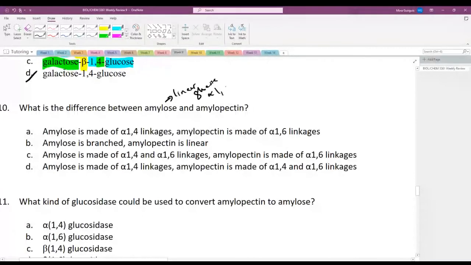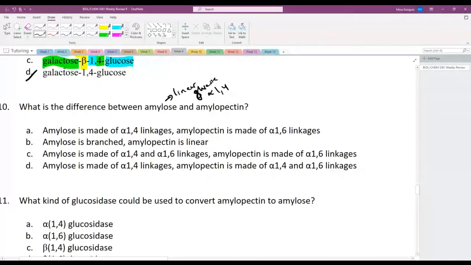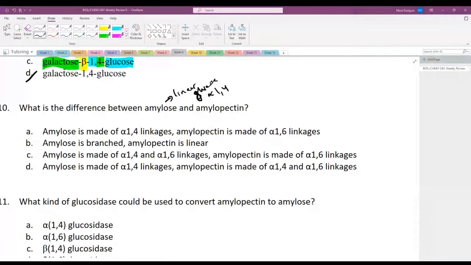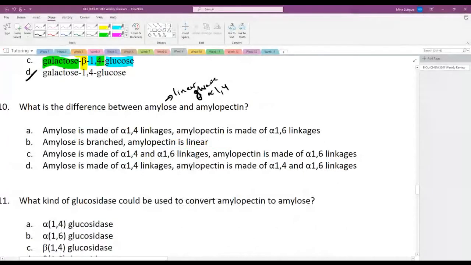And I apologize for my handwriting, it is very bad. Amylopectin, on the other hand, is a branched chain in which branches are created with alpha-1,6 linkages, okay?